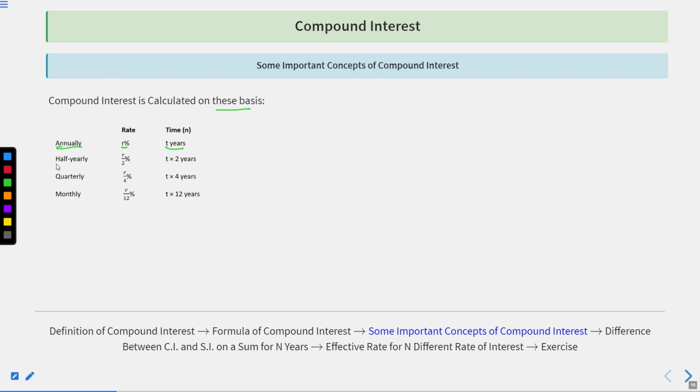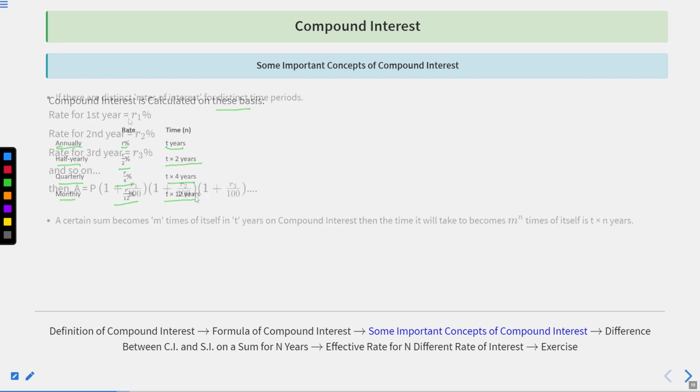And if after half a year the interest is added, that is compounded half yearly, then the rate will be R upon 2% and the time will be T into 2. If it is done quarterly, then the rate will be R upon 4% and time will be T into 4 years. And if it is done monthly, then the rate will be R upon 12% and the time will be T into 12 years.